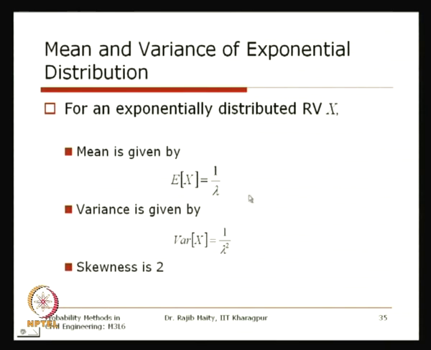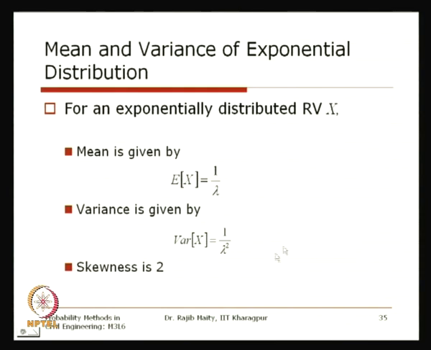These things we calculated earlier. Its mean, the expectation of x, is 1 by lambda, and variance is 1 by lambda square. Its skewness can be shown to be equal to 2, and the coefficient of variation, which we also showed earlier, is equal to 1.